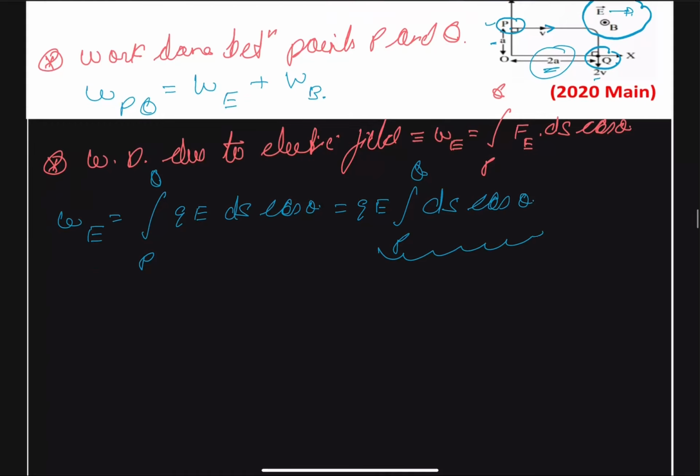So the displacement of the particle is 2a.